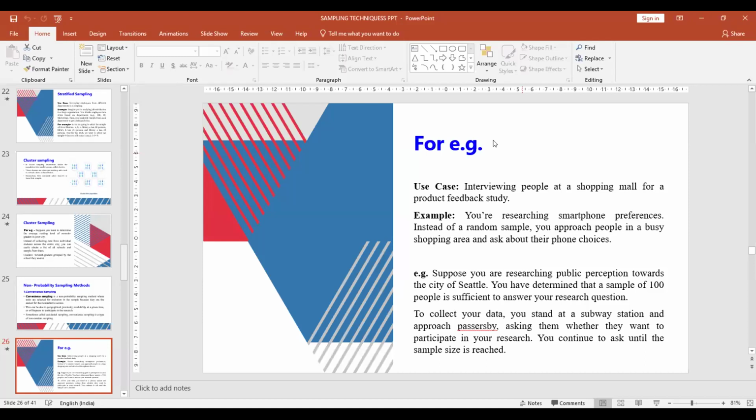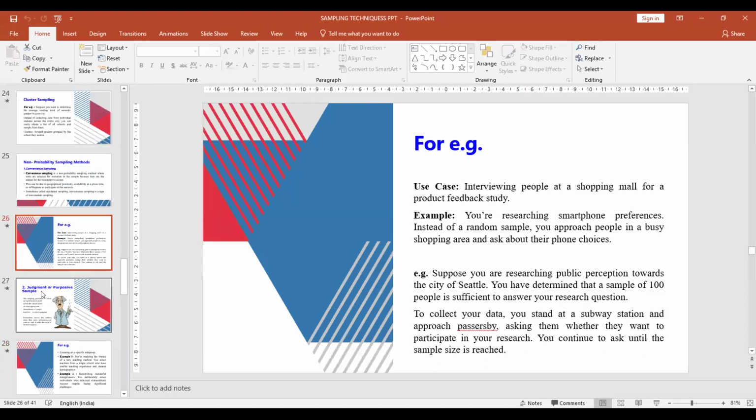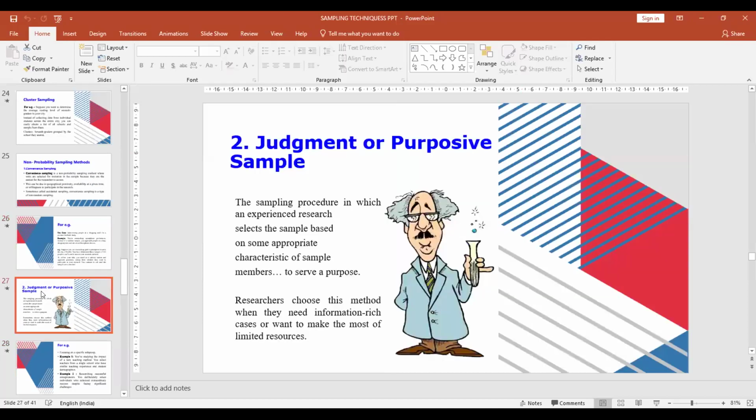Now, purposive or judgment sampling. Purposive sampling is also called deliberate sampling, because the researcher deliberately selects certain units for study from the universe. So it is known as purposive sampling.